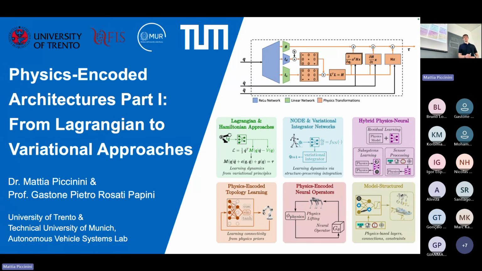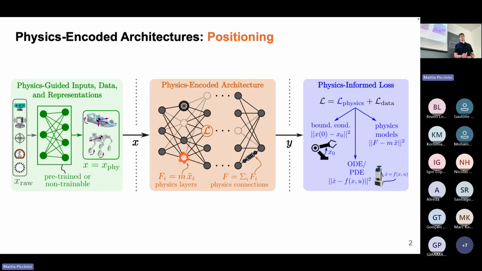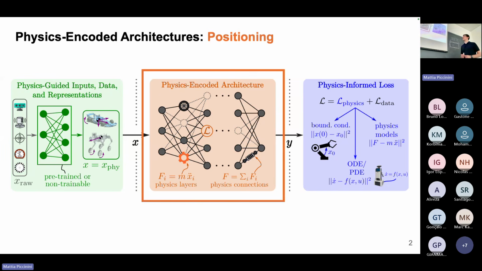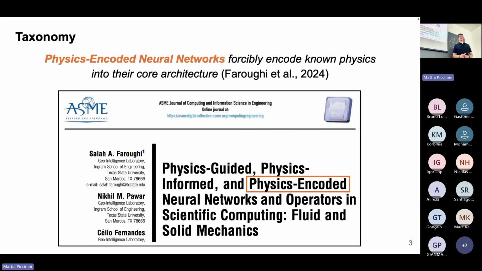So far, we learned what physics guided machine learning is, and what physics informed loss functions are. Now we have a look at physics encoded internal architectures. Here the idea is also quite simple, at least in principle.